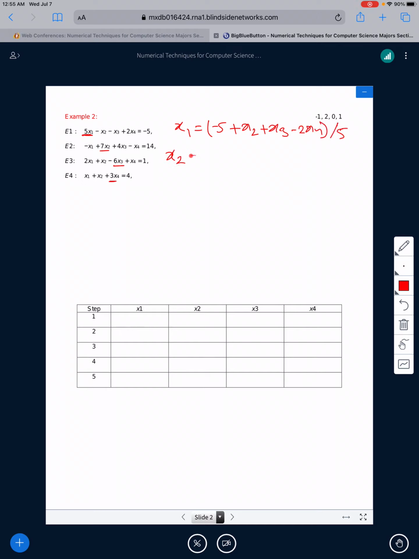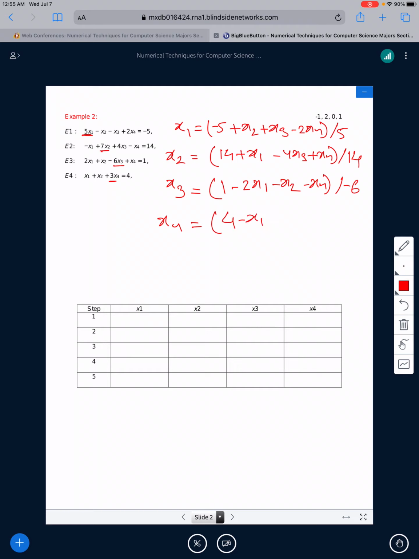Then x2 is equal to, using the second equation, 14 plus x1 minus 4x3 plus x4, divided by 14. The third equation is solved for x3: 1 minus 2x1 minus x2 minus x4, divided by negative 6. And x4 is equal to 4 minus x1 minus x2, divided by 3.